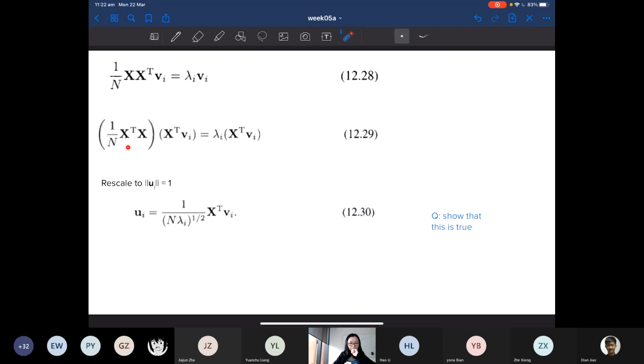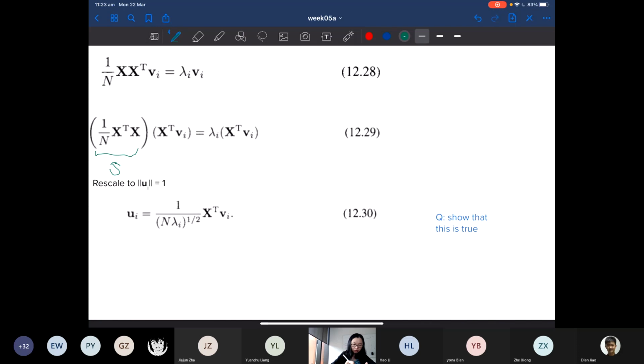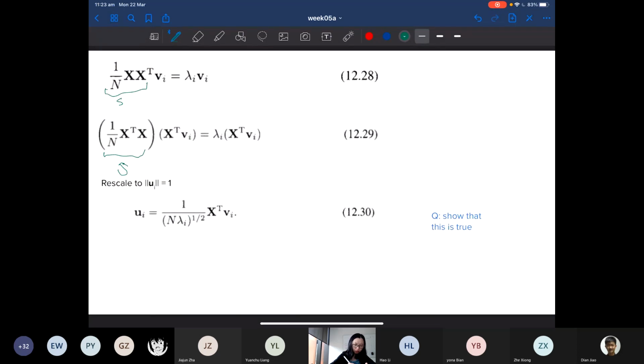Now we have on the left X transpose X times X transpose V, and lambda times X transpose V. We do this because X transpose X is the covariance matrix of the original data vector S. And the smaller matrix here is also a symmetric matrix, and we can choose the eigenvectors Vi to be orthonormal.